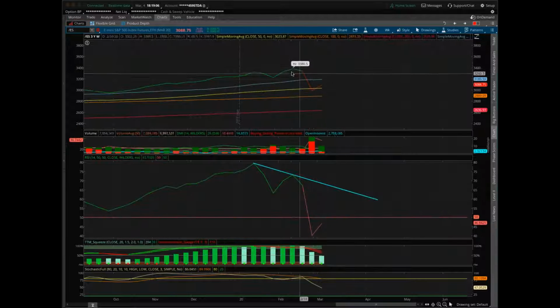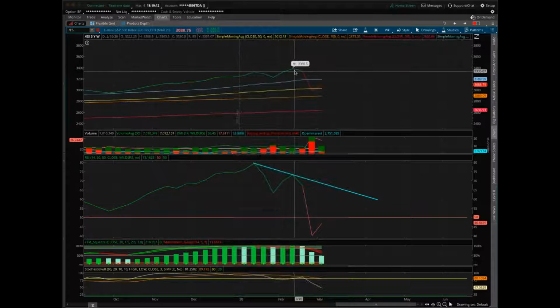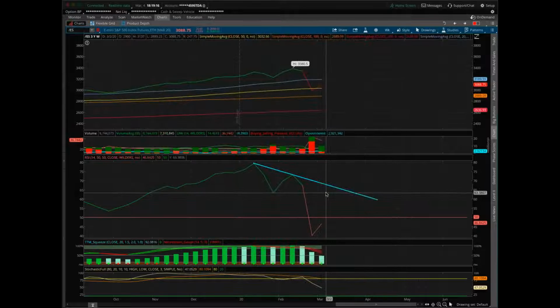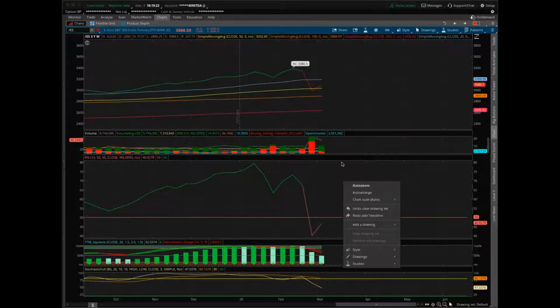And then here we made a high and then broke down. So the RSI was warning us before this dropped off and sold off. So that was a bearish divergence.